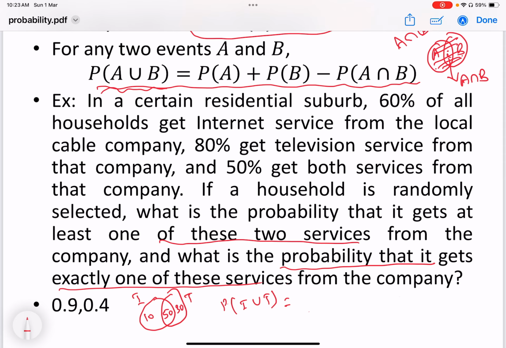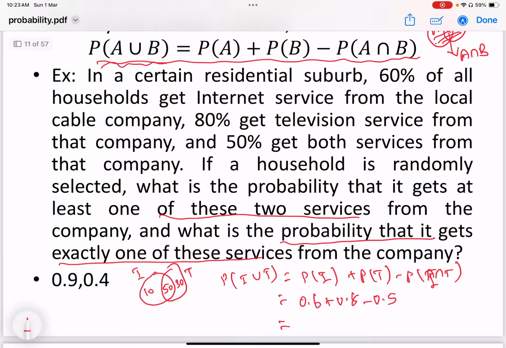And that is nothing but this result we use: P of A plus P of B minus P of A intersection B. So it is P of I plus P of T minus P of I intersection T. So that is 0.6 plus 0.8 minus 0.5, and this is nothing but 0.9. Okay, so that is the answer.